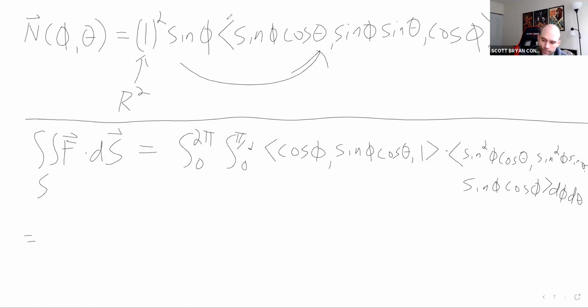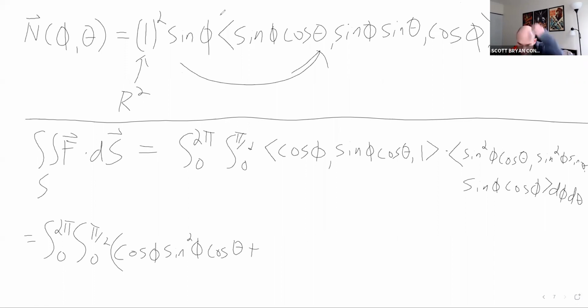So let's dot this together. We get cos phi times sine squared phi cos theta, plus, next component, sine phi cos theta times sine squared phi sine theta.